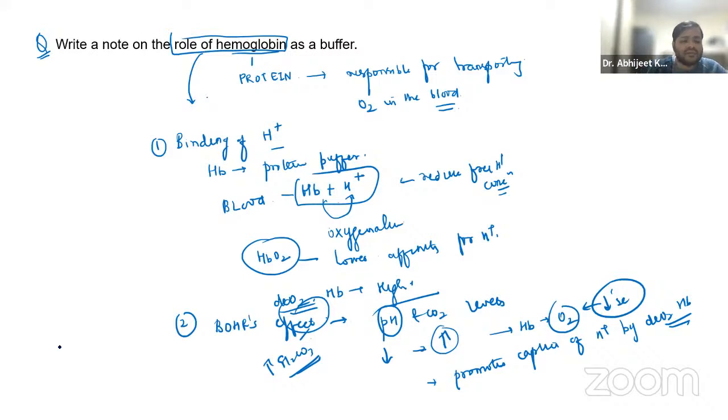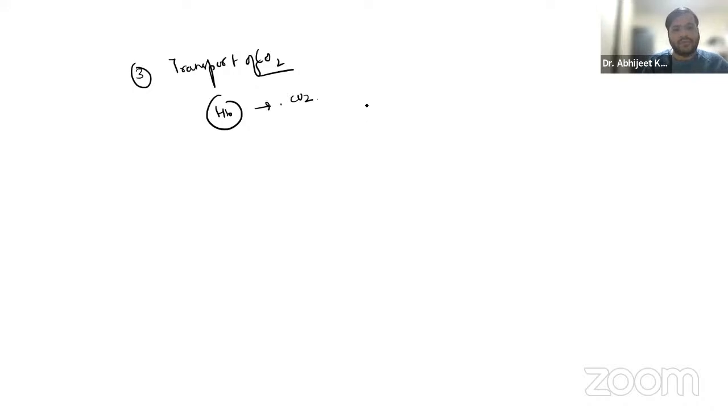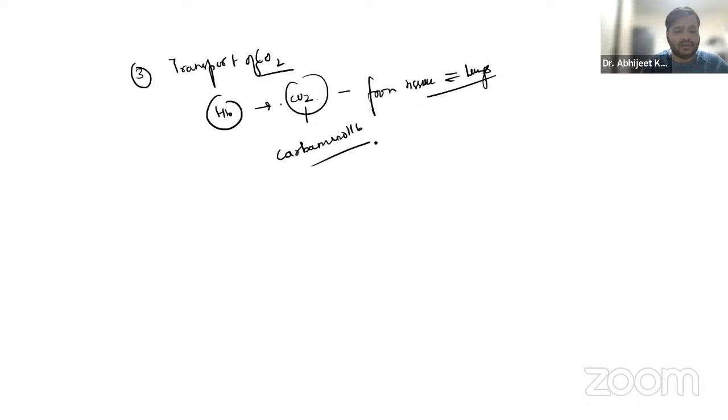The third one you have to remember is the transport of oxygen, and hemoglobin also helps in transporting carbon dioxide from tissues back to the lungs. Some of the CO2 is carried as carbaminohemoglobin, where CO2 directly binds with hemoglobin.